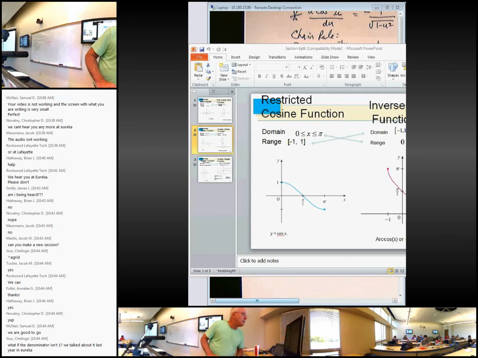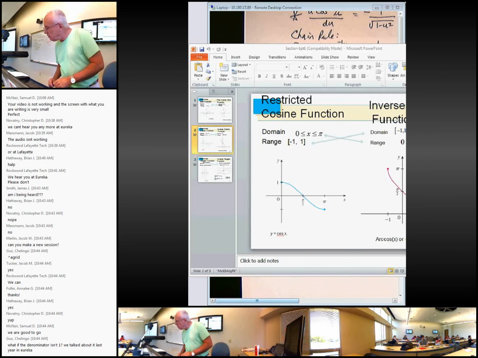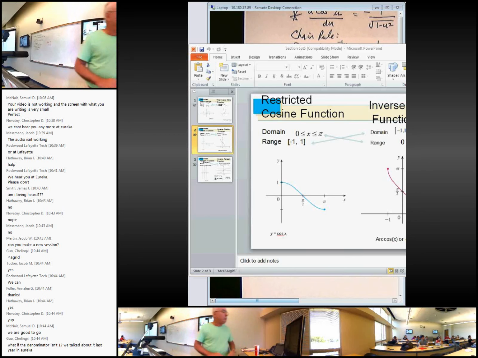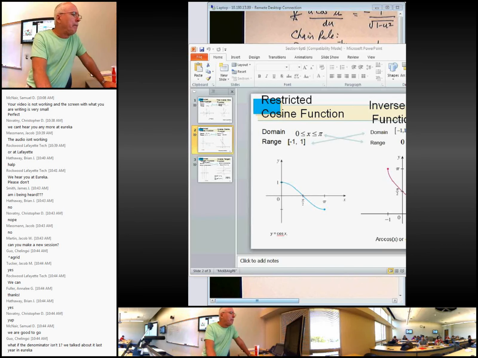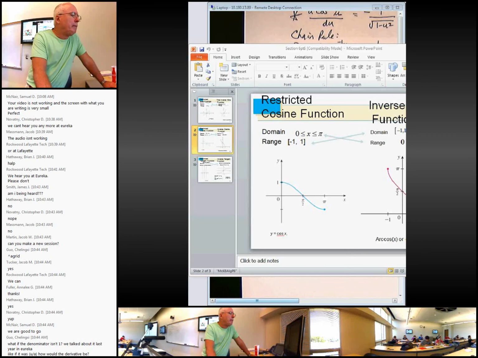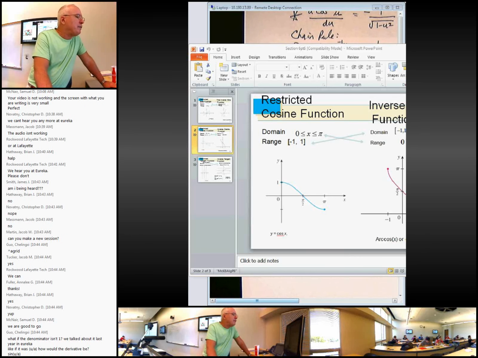What if the denominator isn't 1? What do you mean by that? Like if it was u over a, what would the derivative be?